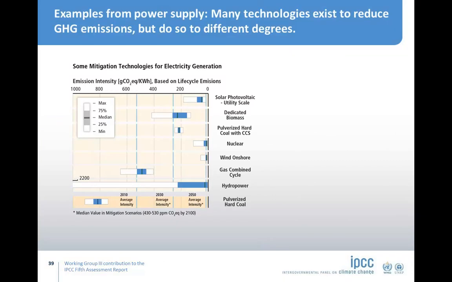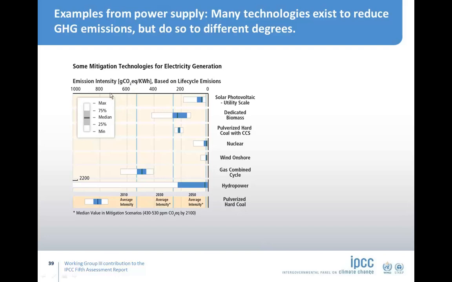So many technologies exist to reduce greenhouse gas emissions, but to different degrees. If we look at some of the different energy sources here: solar photovoltaic, biomass, coal with carbon capture, nuclear, wind, gas, hydroelectric, and coal without any carbon capture.